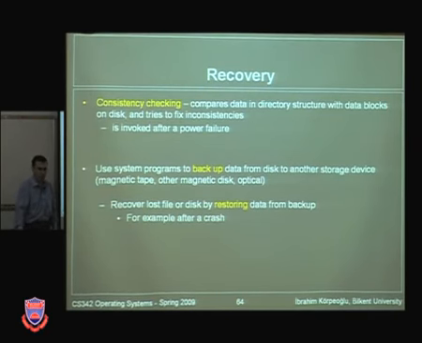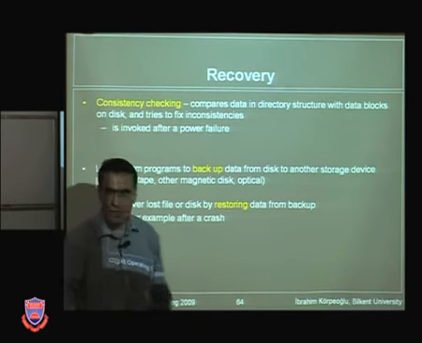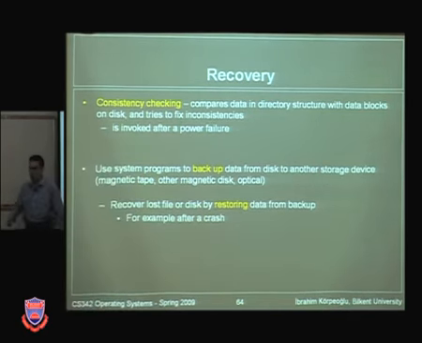So what we can do is consistency checking. There are utility programs like fsck and so on in UNIX. After a power failure, when you reboot your computer, you run that program. It makes a consistency check, comparing the information in the inodes, the information in the free list or in the bitmap corresponding to the free list, and the information in the directory entries, and checks whether they are consistent with each other.